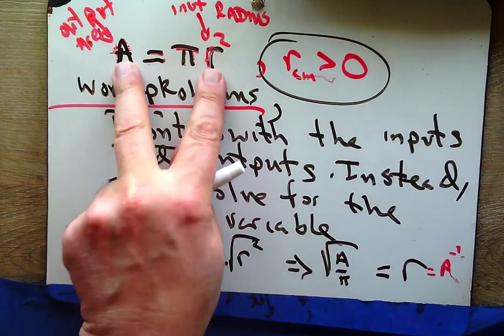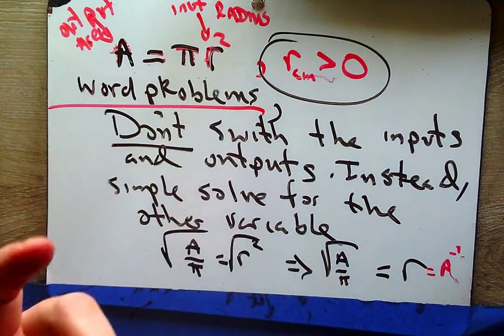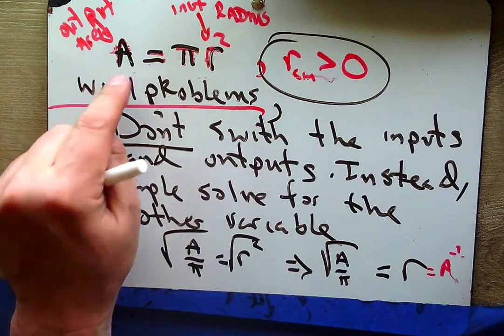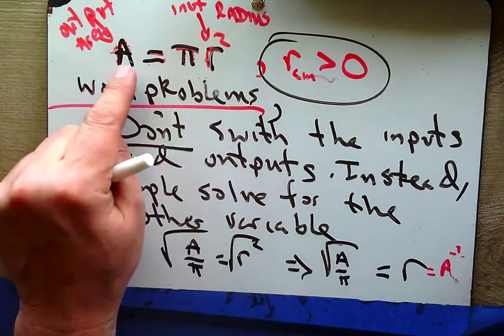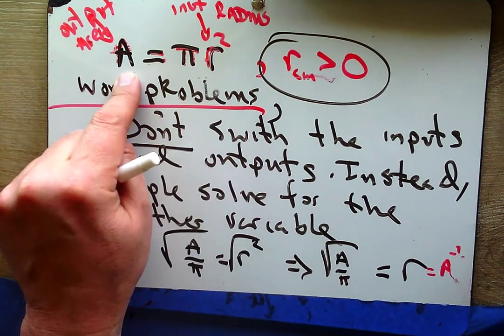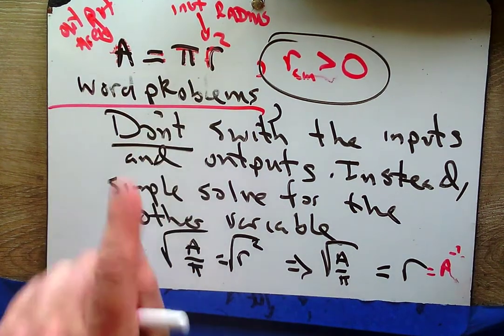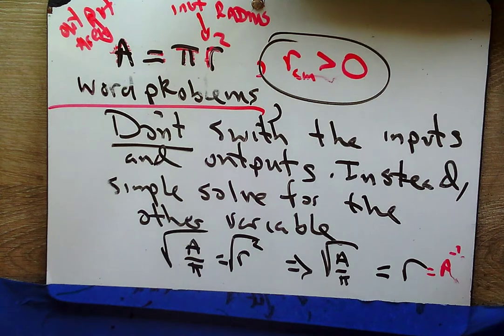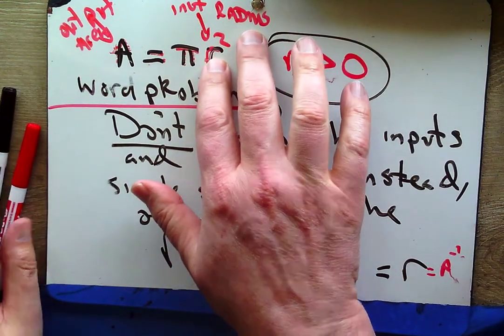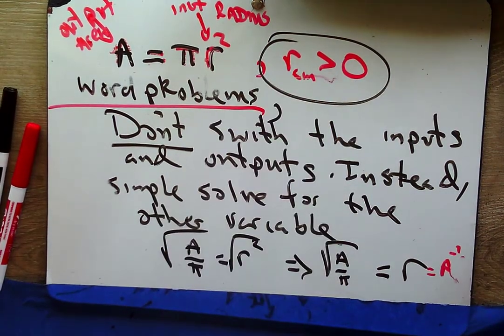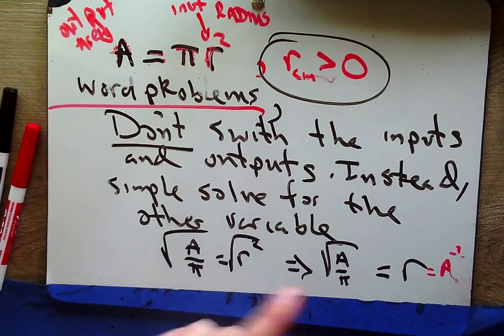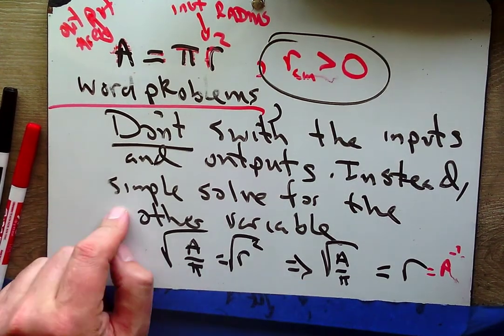Because if I switch these, I'm now saying that this symbol over here is still radius. No, that's not going to work. We can't do these word problems the same way we handled all those inverse building techniques from yesterday. So simply solve for the other variable.